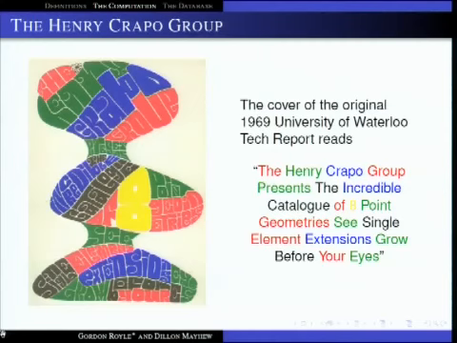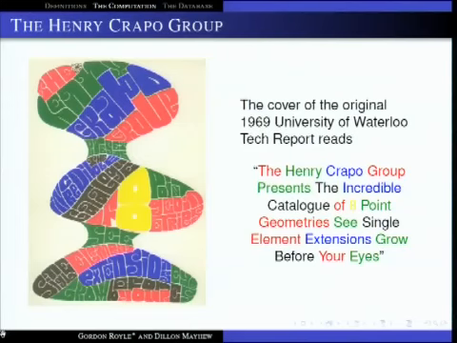Okay, so our starting point was this tech report from University of Waterloo. And in those days, they used to have nice covers on their tech reports. Is it the same one, or does each tech report have its own? No, this is an artist-made, once-off. That's very 60s. Henry Crapo is a very interesting character. Can you read it?